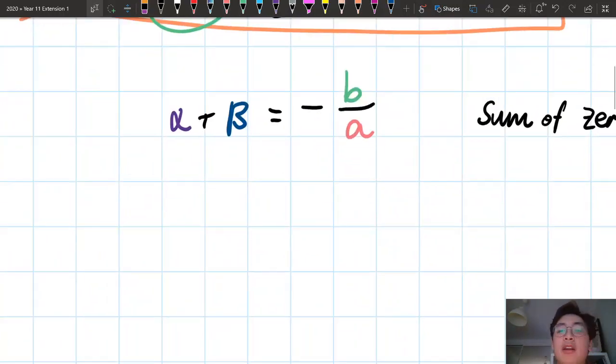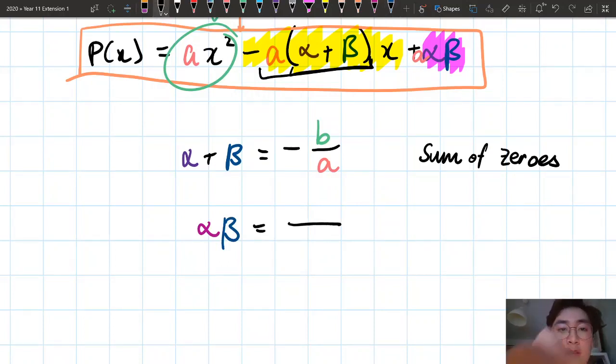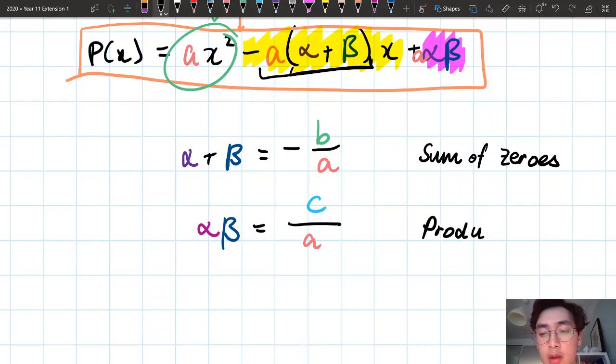We have a very similar relationship. Instead of the sum of my zeros, I'm going to have alpha beta, the product, which is equal to c over a. So this is my product of roots, product of zeros.